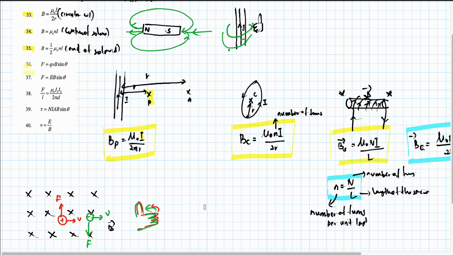So BIL sin theta adalah bila kita masukkan wire. Okay, bila kita masukkan wire, dia akan experience force lah. Kita masukkan wire ke dalam magnetic field, so wire yang membawa current. Okay, contoh let me draw.